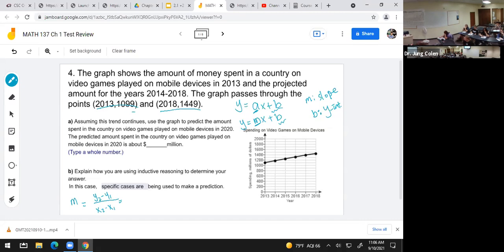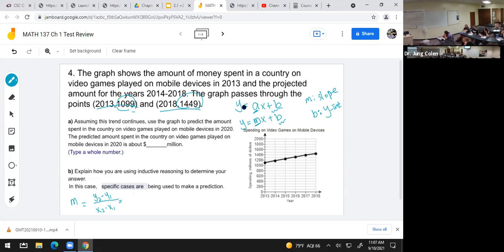These are y values, right? Did it increase or decrease? From 2013 to 2018, it increased. By how much? I saw some hands going up. 400? Okay. 450? Thank you. 350. Thank you.